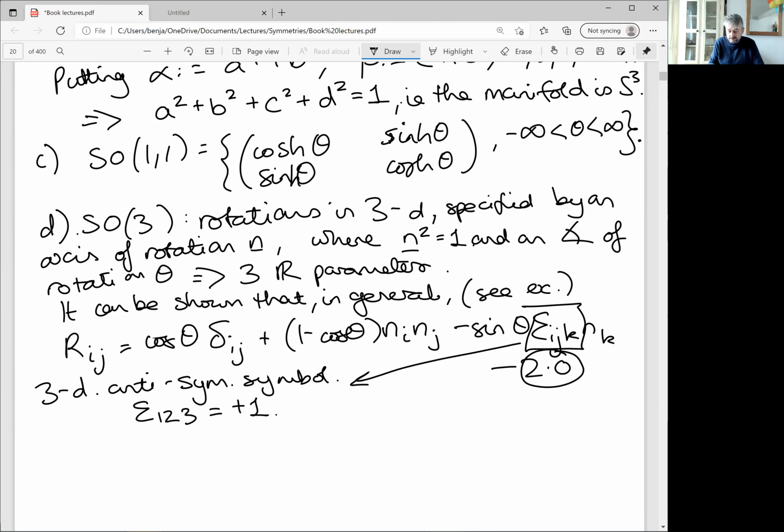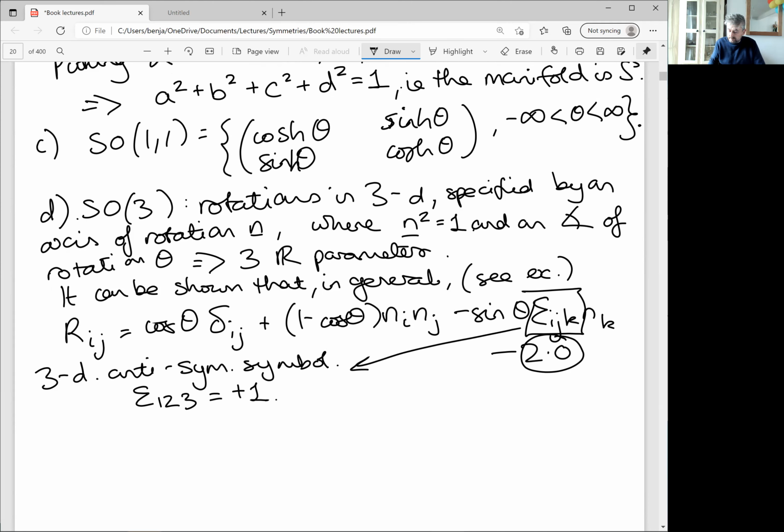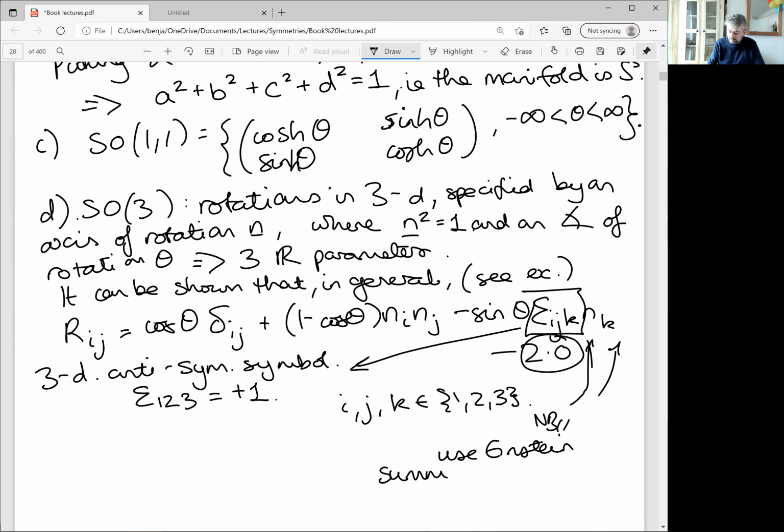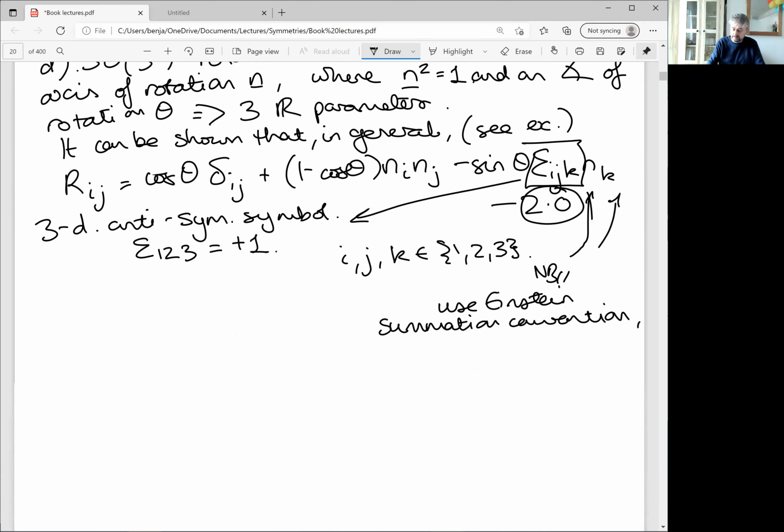What that means is also if any two of the indices are the same, the symbol is 0. So notice we've got a repeated index here. So I should say i, j, and k are in 1, 2, 3. And we're using the Einstein summation convention in these lectures. Unless I state otherwise, use Einstein summation convention. So repeated indices are summed over.